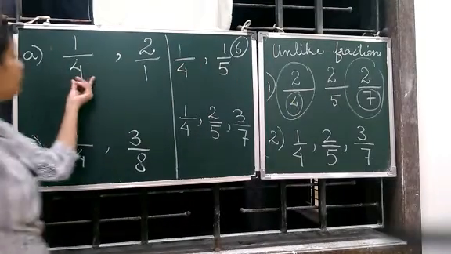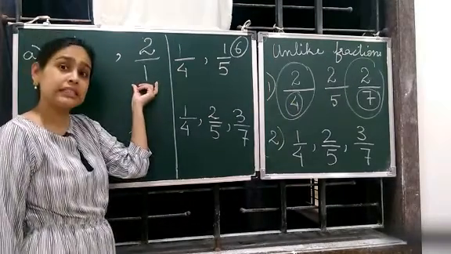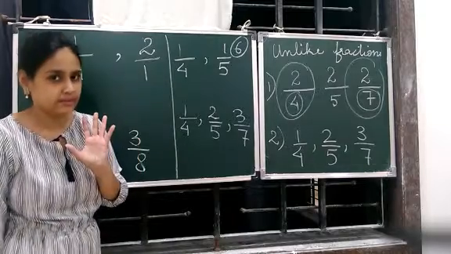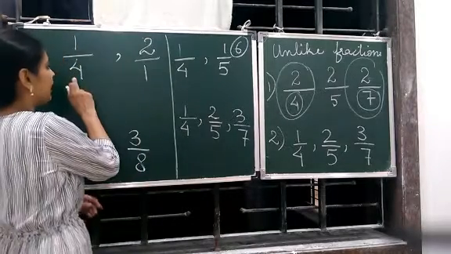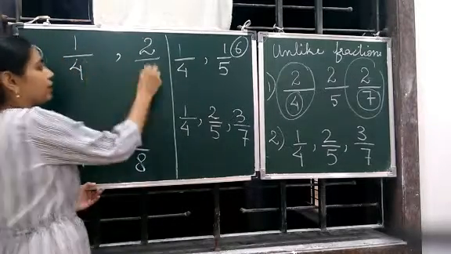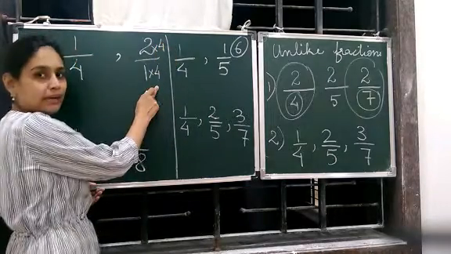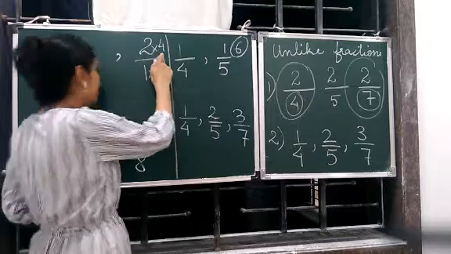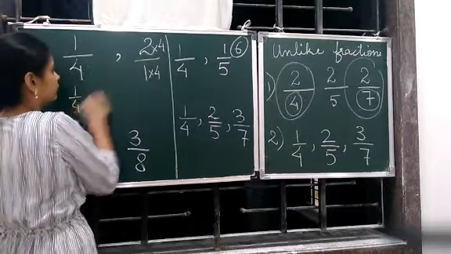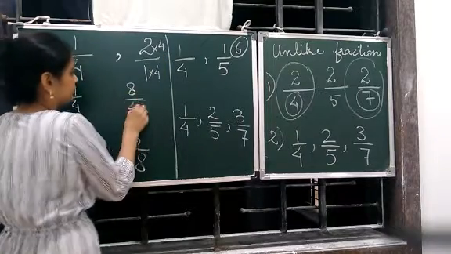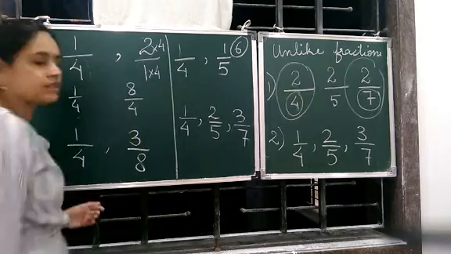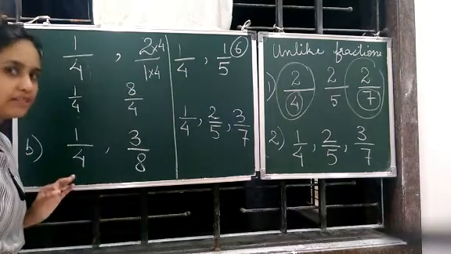Now you can see you have to make the denominators 4 and 1 the same. Okay. So whatever number is here, if you multiply it below, you have to multiply up. Are the denominators the same?